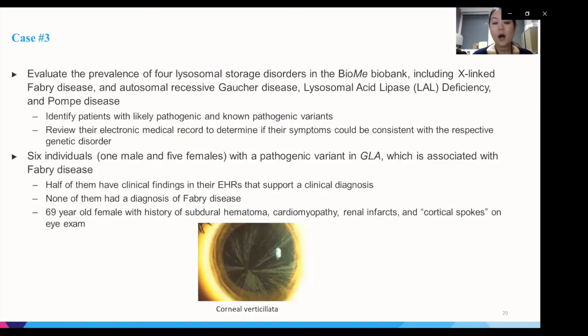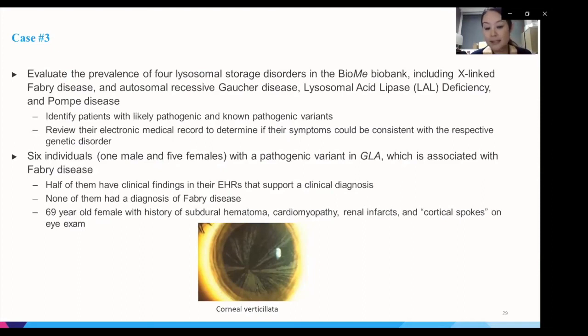One particular example was a 69-year-old female who had a subdural hematoma, cardiomyopathy, renal infarcts, and cortical spokes on an eye exam. I put a picture of a Fabry patient with one of the pathognomonic eye findings, which is corneal verticillata.